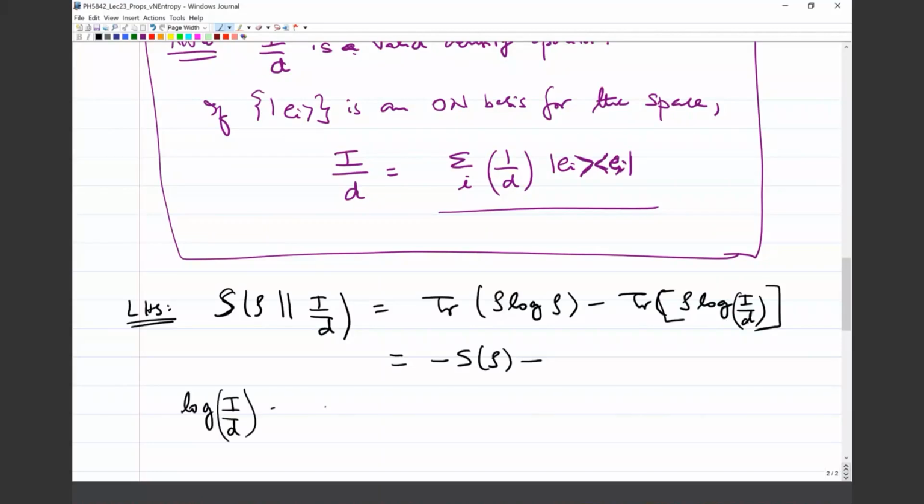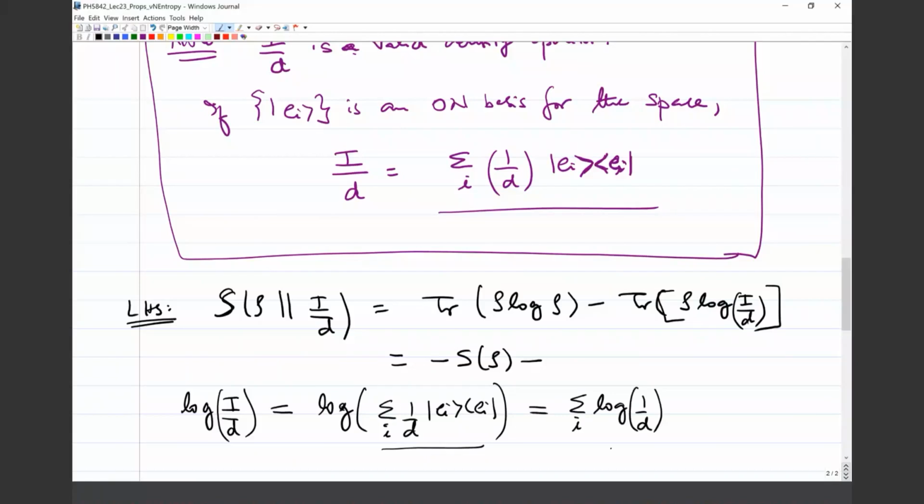This is, like we said, log of this operator, but this is already a spectral decomposition of I by d. So this is nothing but an operator whose eigenvalues are log 1 by d, with projectors e_i.